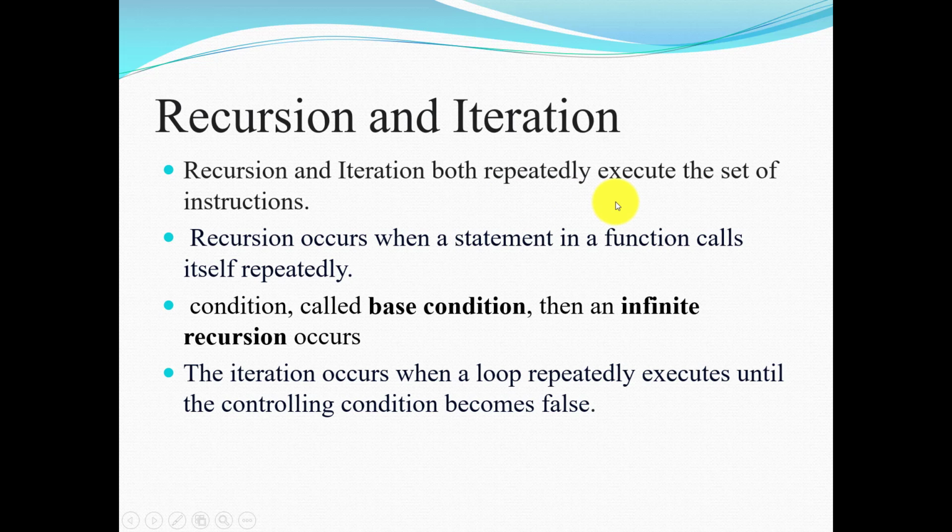Both repeatedly execute a set of statements. Recursion occurs when a function calls itself, and inside recursion we need a base condition, otherwise it becomes an infinite recursion. Iteration occurs when a loop repeatedly executes. You can use a while loop, do while, for loop, or any loop. It repeatedly executes until the controlling condition fails, and that is iteration.